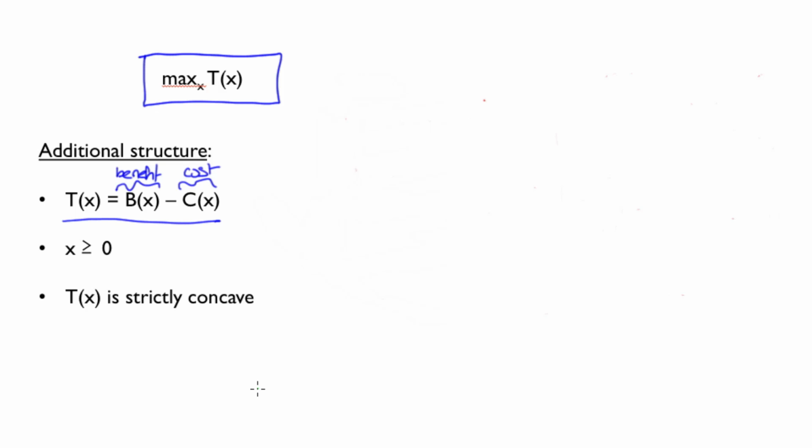Now consider another prototypical problem that we're going to encounter time and time again in this course, which is the problem of a consumer that has to decide how many units of a good to buy in a particular market. And let's say, for example, how many units of computing power to buy, how big a computer to buy.